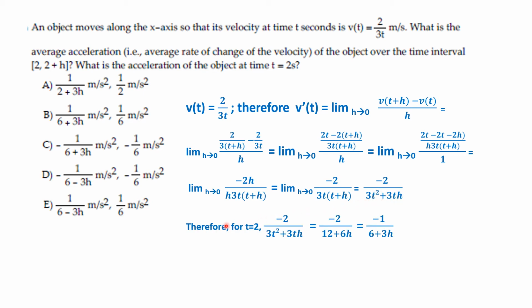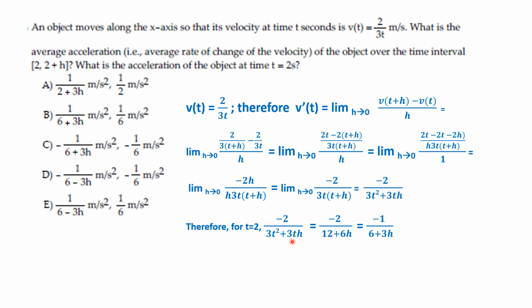Now, therefore, for time t equal to 2, which is the answer of the first part, this is going to give us negative 2 divided by 3t squared plus 3th, where we plug in 2 instead of t. So if we plug in 2 here, t squared means 2 squared, that means 4 multiplied by 3, that's going to give us 12.